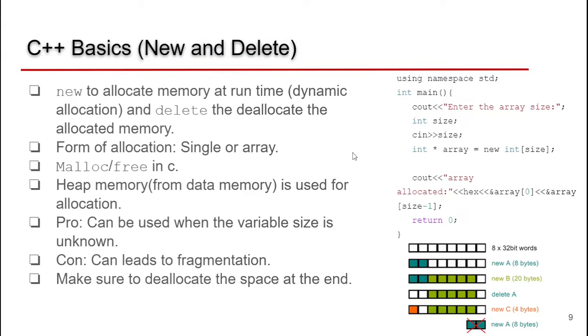Here I'm saying that in C++ we have two operators, two syntaxes we use to create allocation in the memory, called new and delete. The new will create for you, let's say this is the memory.